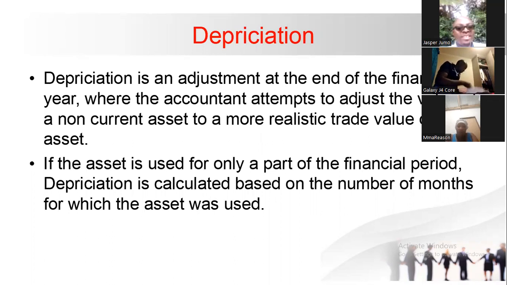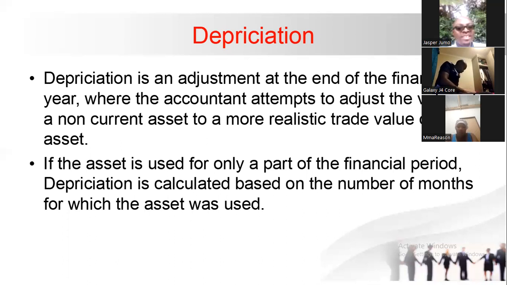You find situations whereby you acquire an asset on 1 January, and then you want to sell the asset on the 30th of June. That implies that the asset did not stay for a year and therefore should only be depreciated for the amount of time that the asset stayed with the business.